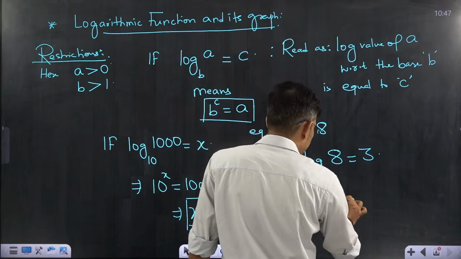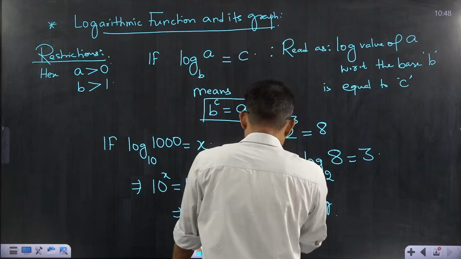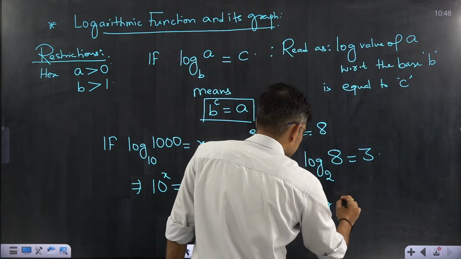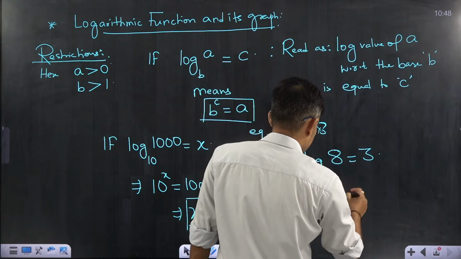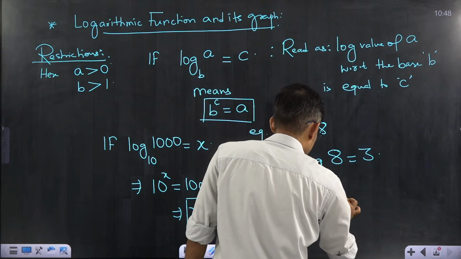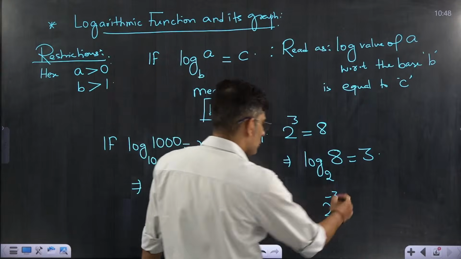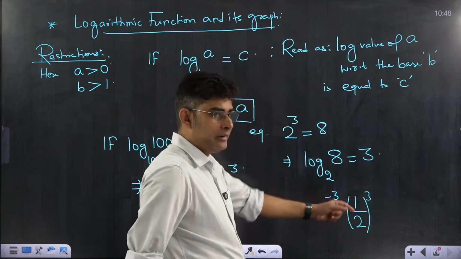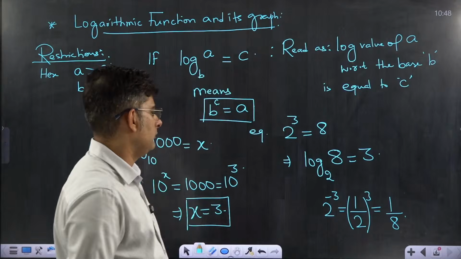For example, what is the meaning of 2 to the power minus 3? 2 to the power minus 3 can be written as 1 by 2 to the power 3, which will become 1 by 8.